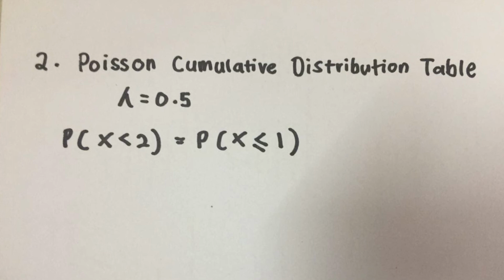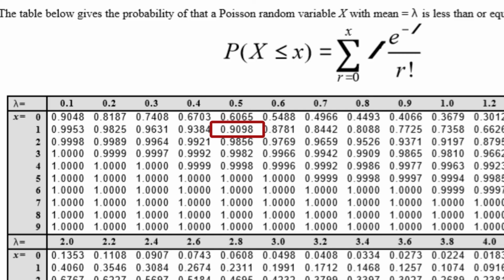Okay, for the second one, we look at the Poisson cumulative distribution table. We look for lambda equal to 0.5 and x less than or equal to 1, which means we choose x equal to 1.